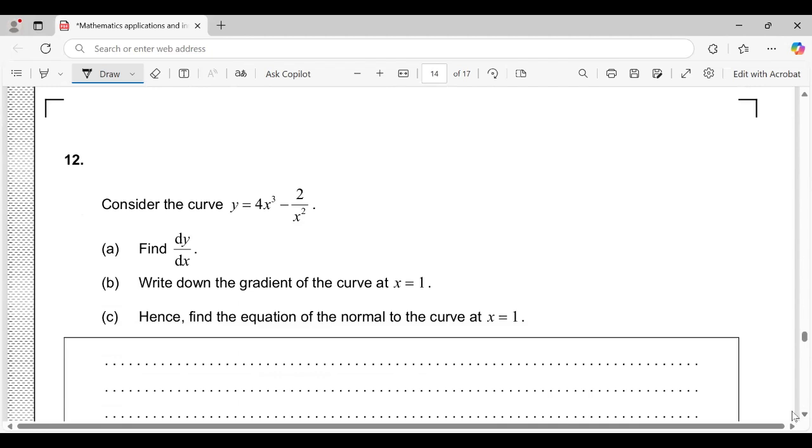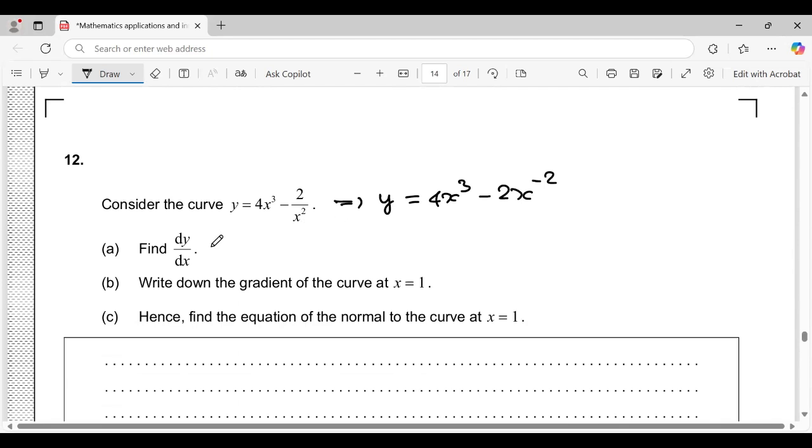12. Consider the curve y equals 4x cubed minus 2x squared. Find dy/dx. So we can write this equation as y equals 4x cubed minus 2x to the power minus 2.